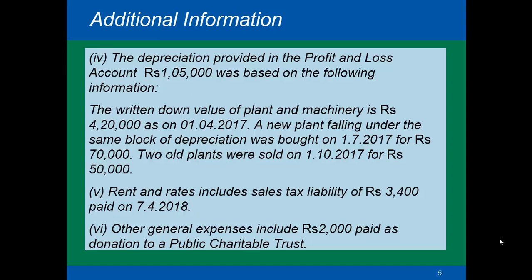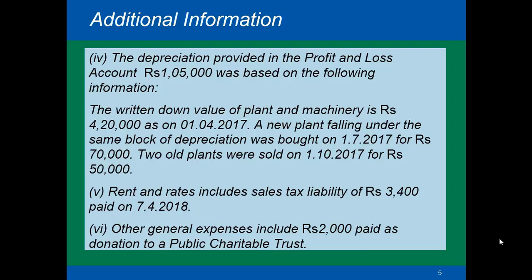Two old plants were sold on 1st of October 2017 for rupees 50,000. Rent and rates includes a sales tax liability of rupees 3,400 paid on 7th of April 2018. Other general expenses include rupees 2,000 paid as donation to a public charitable trust.